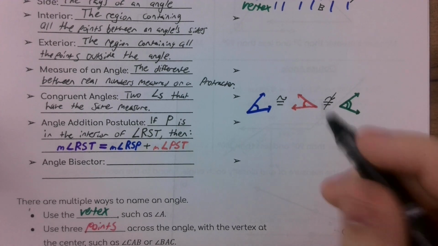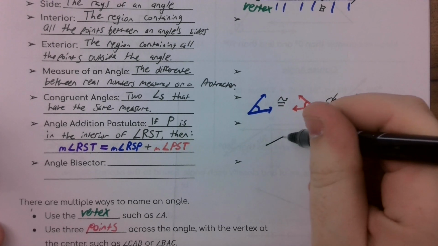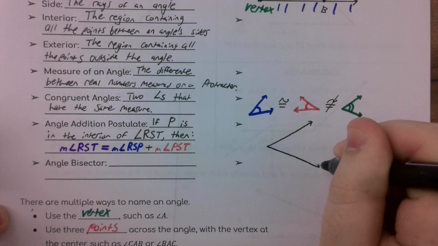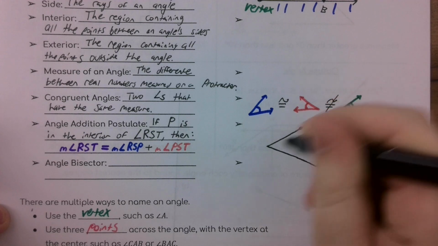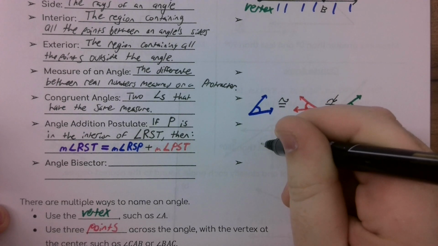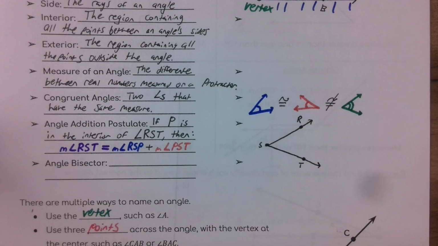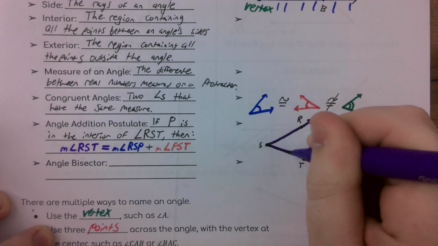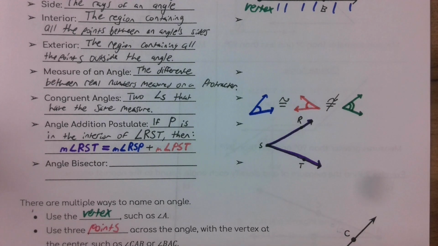It goes like this. We're starting off with an angle, and I want to name this angle RST. So R will go up here, S will go right here, T will go right here. I'm in fact going to color this angle in purple because in our equation, that's what we used to represent it. It was a purple angle. But something changes.